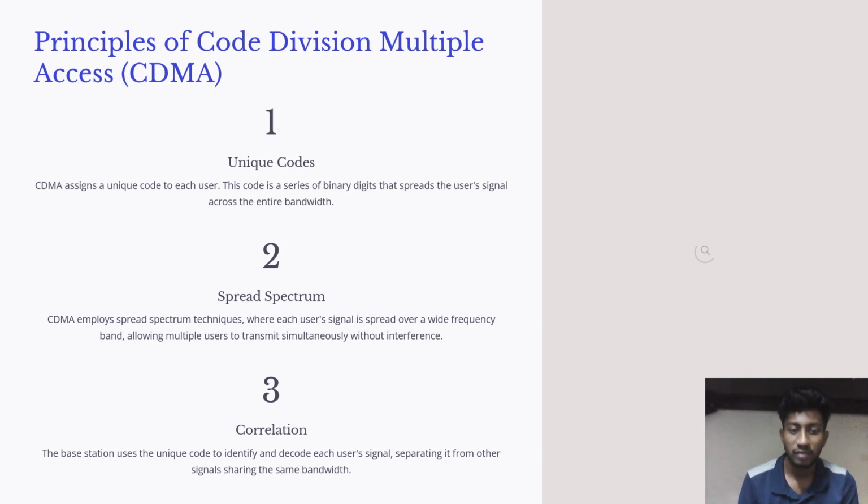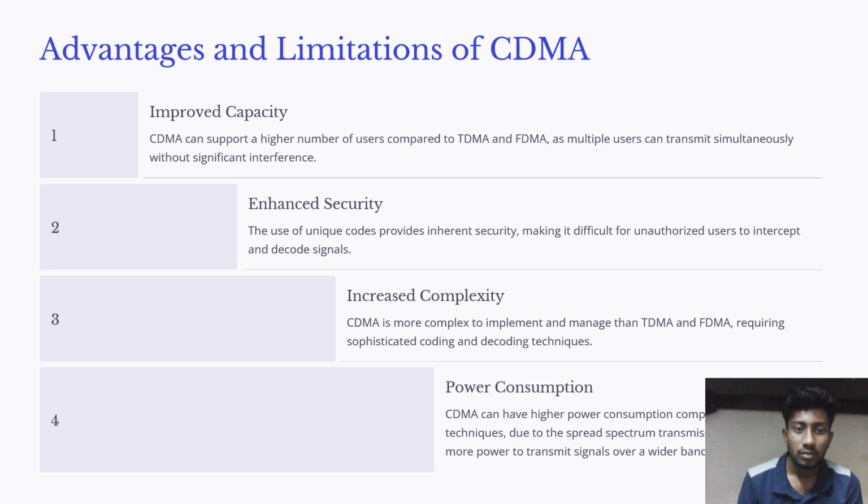The advantages and limitations of code division multiple access. Improved capacity: a higher number of users compared to TDMA and FDMA can have access, as multiple users can transmit simultaneously without significant interference. Enhanced security: the use of unique codes provides inherent security, making it difficult for unauthorized users to intercept and decode signals.